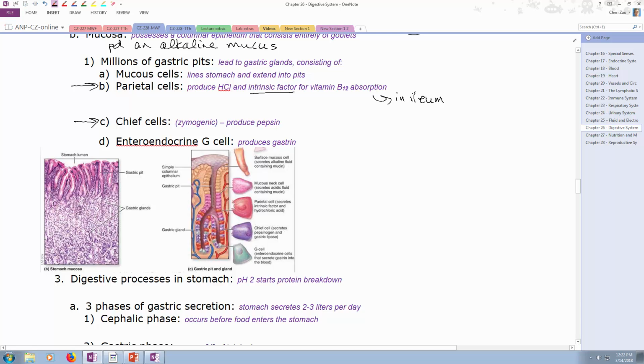So B12 from our foodstuffs has to interact with intrinsic factor, follow it on down the small intestine all the way to the ileum for actual absorption. And do you guys remember what B12 is vital for? It's vital for healthy red blood cell production.